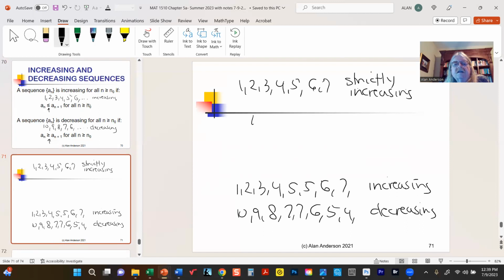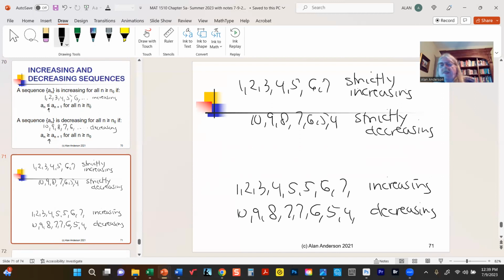And then something like this is strictly decreasing. And you never know when this might come in handy. It turns out, for example, a function that is either strictly increasing or decreasing is guaranteed to have an inverse. So this kind of information can be very useful.